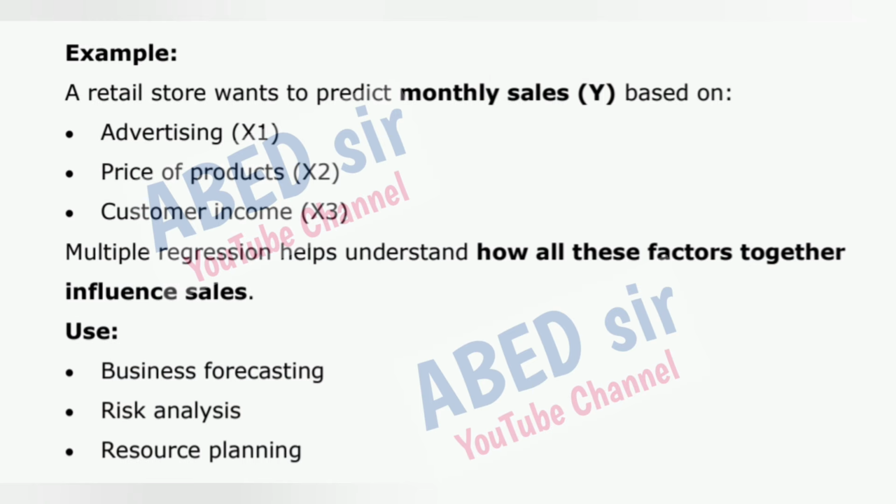Example. A retail store wants to predict monthly sales, y, based on advertising, x1, price of products, x2, customer income, x3. Multiple regression helps understand how all these factors together influence sales. Use. Business forecasting, risk analysis, resource planning.